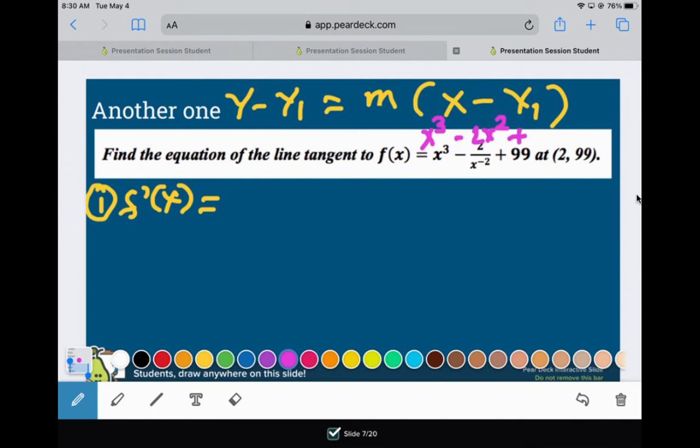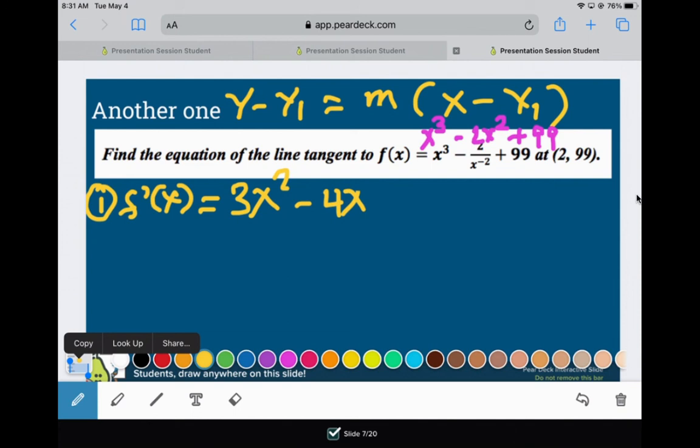I bring that up because I don't want a negative exponent, so I bring that up. When I bring it up, it turns into positive. Okay. So 3x squared. The 2, bring it over, so negative 2 times 2 would be 4. The 2 minus 1 gives me 1. The 99 is gonna cancel out.